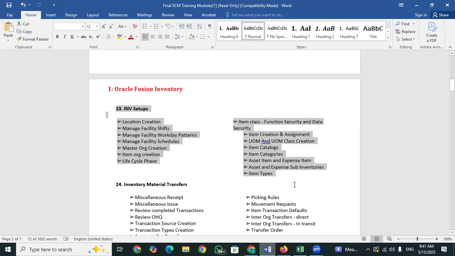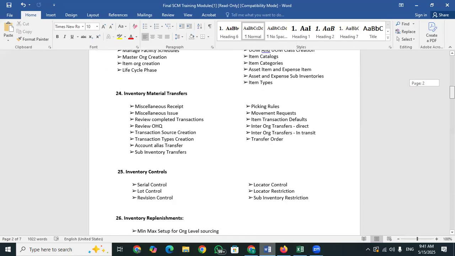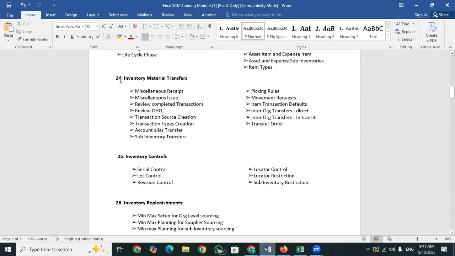Okay, so we need item-related configurations. We need some category-related configurations, right? So from inventory, you are going to be trained on all the inventory-related configurations. After the inventory setups are completed, obviously the stock will come into the inventory.